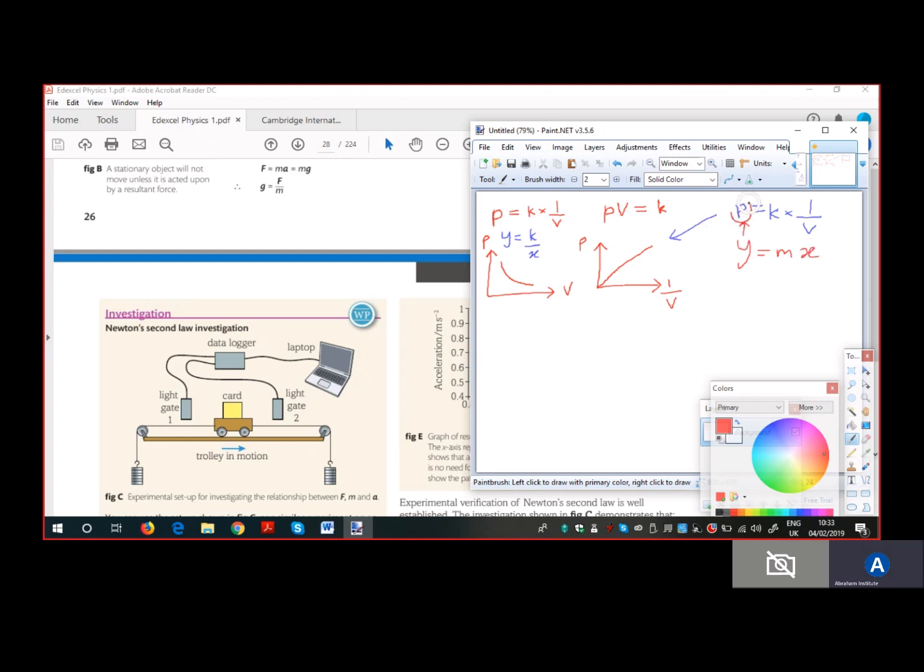This is on the y-axis, this is the gradient, and this whole thing is on the x-axis. So can you see it's in the form y equals mx. The y equals mx graph is a straight line passing through the origin, so that's why you get this. We are not plotting V, because if you plot that it will be a curve. So we plot P on the y-axis and 1 over V on the x-axis. That will be a straight line.